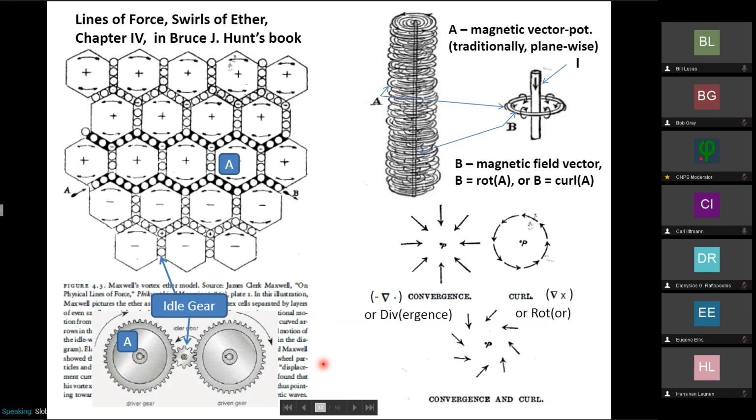It's interesting that in the ether-dynamics formulation and conceptualization, a very similar situation is taking place. Maxwell had a visualization of the magnetic field as a set of vortices mediated by so-called idle gears. He could not come up with what those gears would be, but here it turns out that it's not necessary to have such elements explicitly given. It's just part of the composite mechanics and dynamics of those vortex flows.